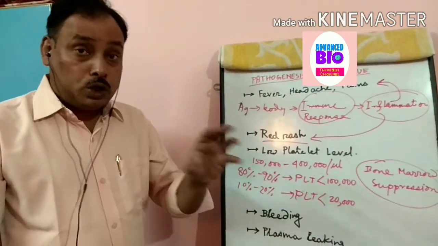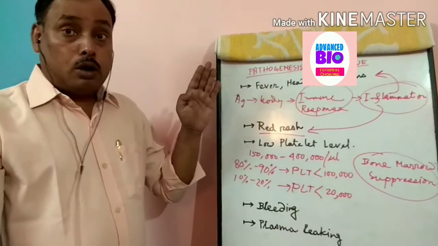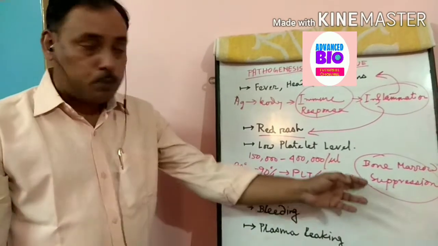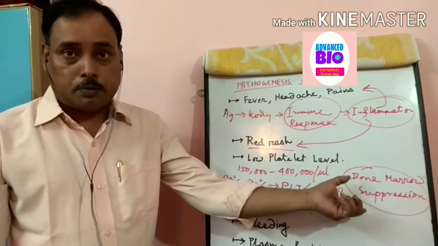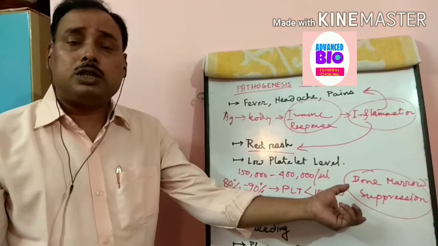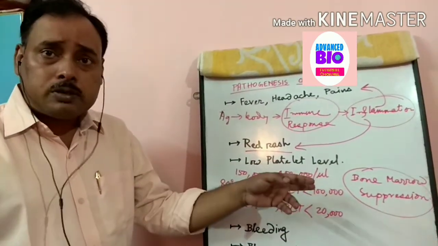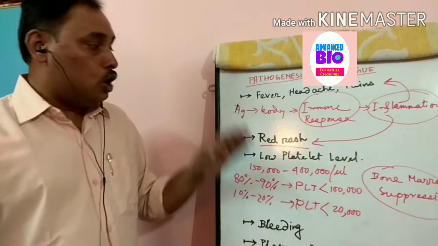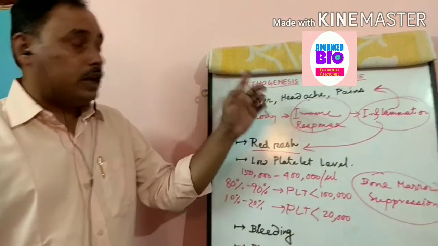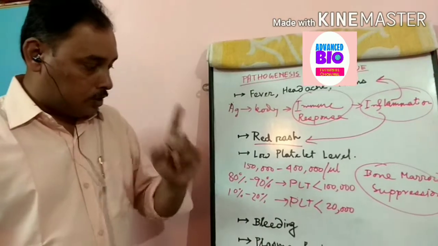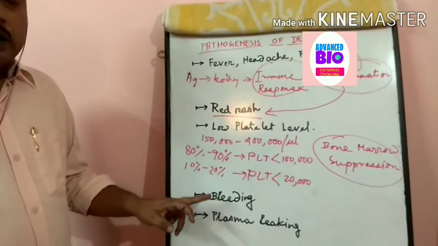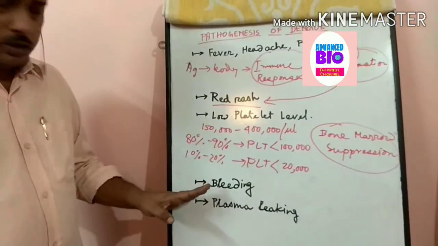And we know the different blood cells are originated from this bone marrow. When this bone marrow is suppressed, then the rate of production of these blood cells will be decreased, including the platelets. This is the cause of low PLT level of dengue patient. Clear?